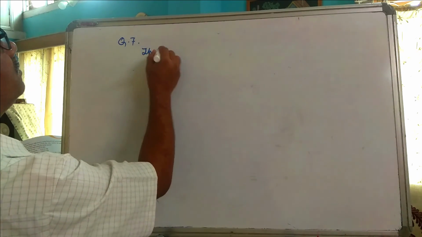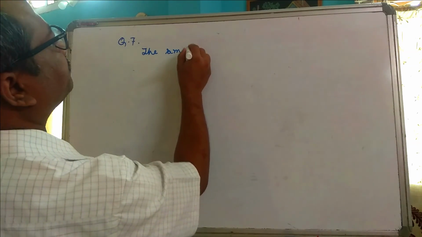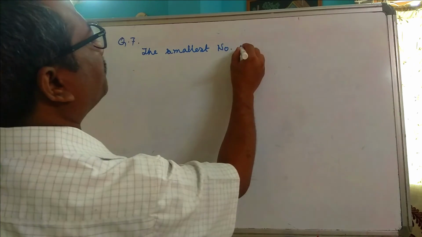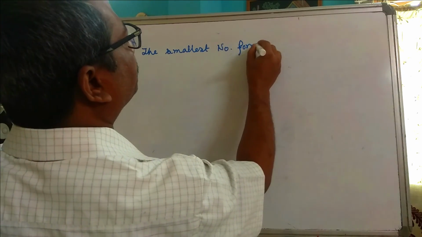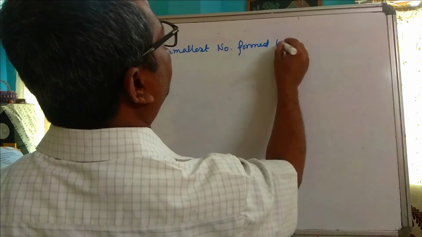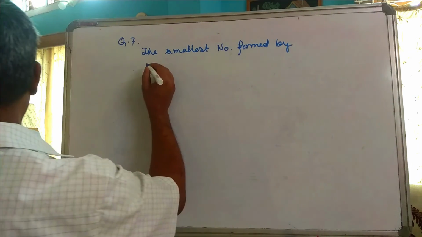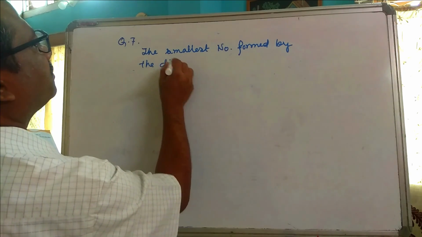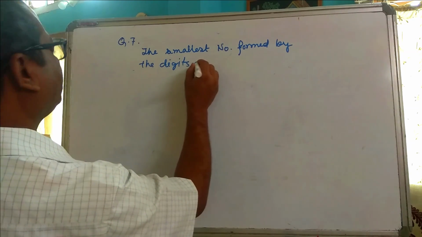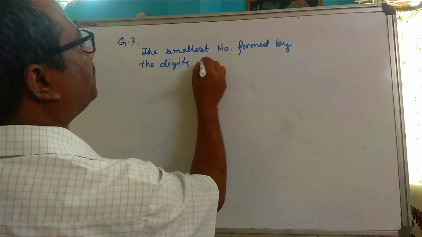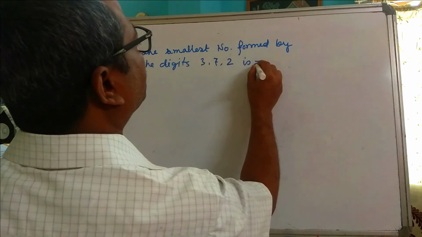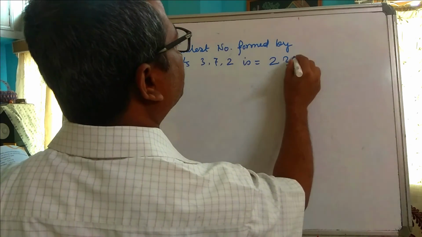The smallest number formed by the digits 372 is equal to 237.